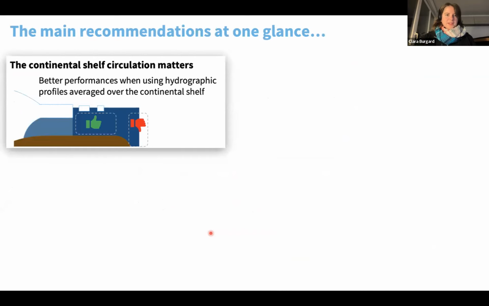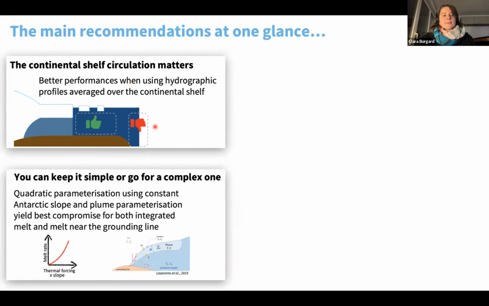So as a summary, the main recommendation you should take away from this paper or this talk is that the continental shelf circulation matters. Better performances are reached when using hydrographic profiles averaged over the continental shelf instead of away from it. You can keep it simple or go for a complex one.